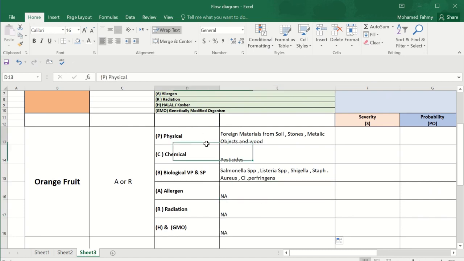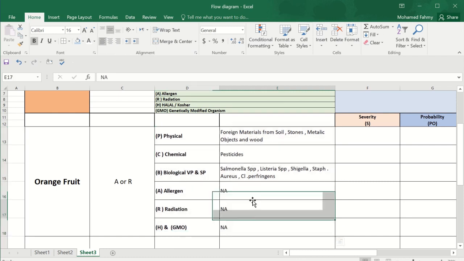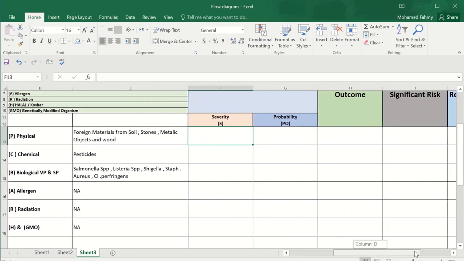So we have defined here what the hazards are in the orange fruit. It's very important. Now, severity multiplied by probability. The outcome is the severity multiplied with probability.